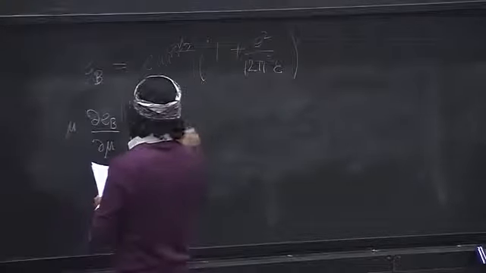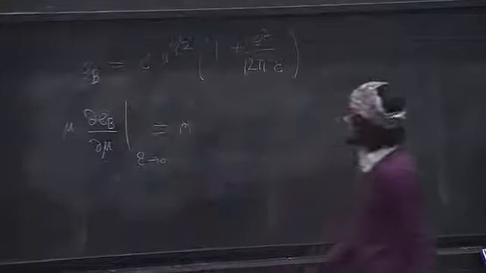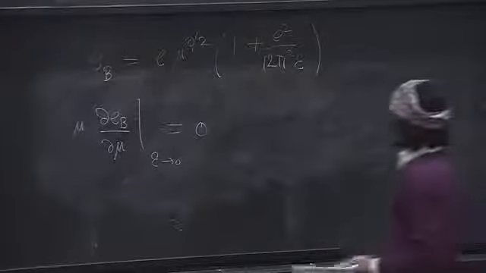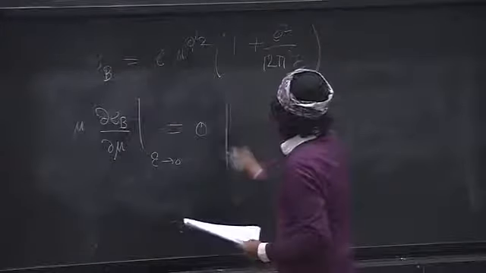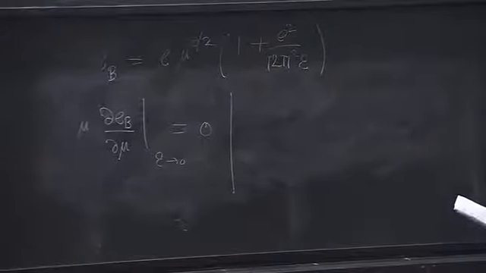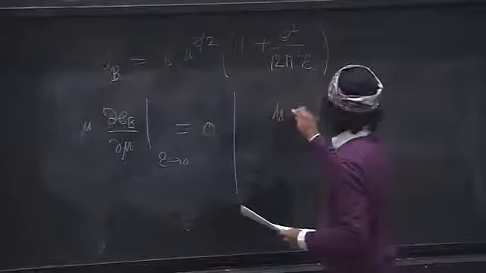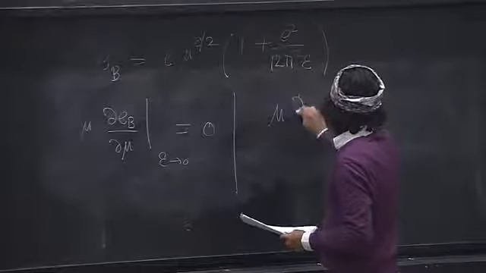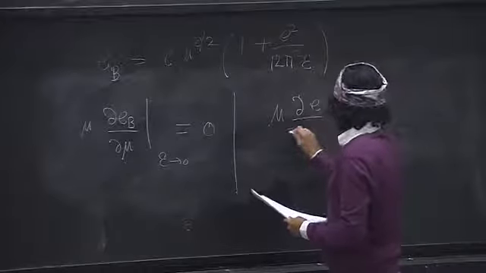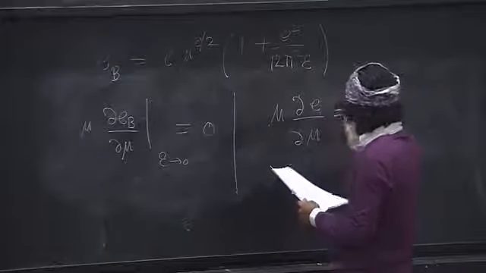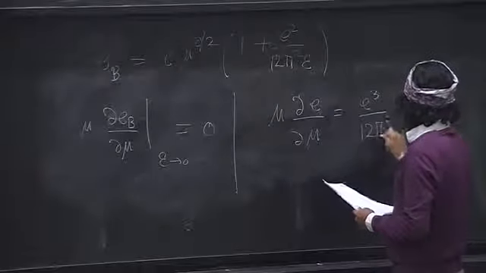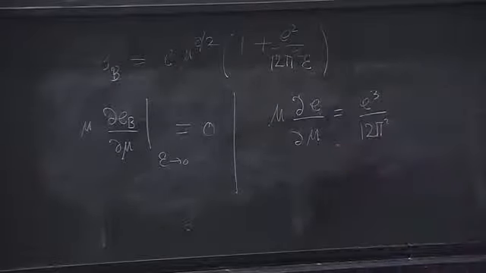In the limit where epsilon goes to 0, this should be 0, right? So if you apply this to this formula and keep terms up to order E squared, then you find that the logarithmic derivative of E is given by this thing, where we have taken the limit of epsilon going to 0.